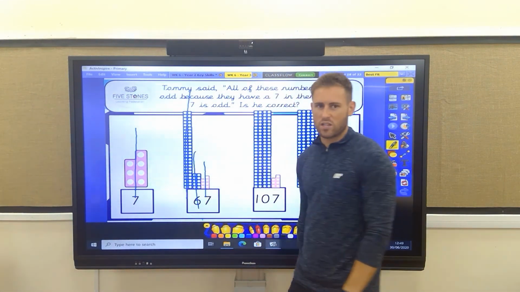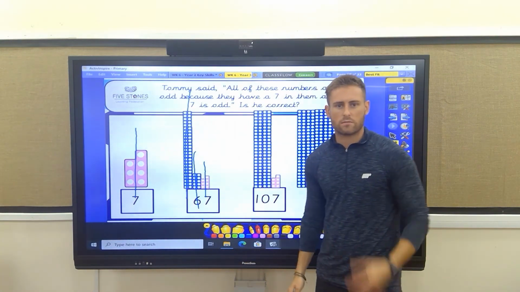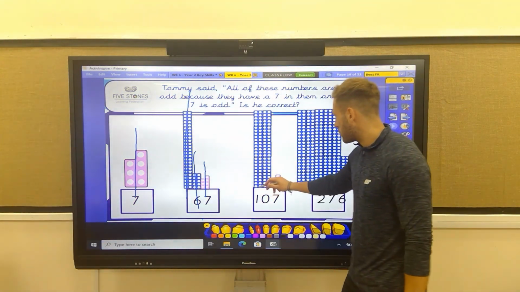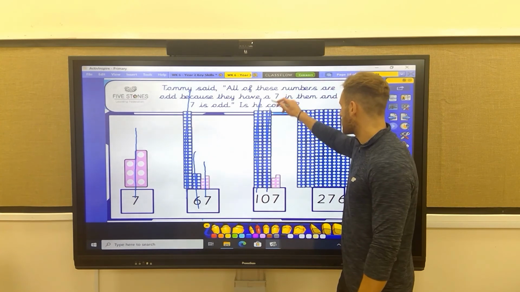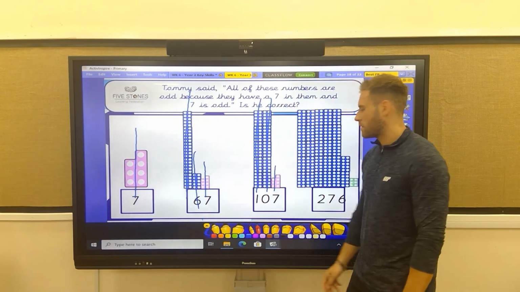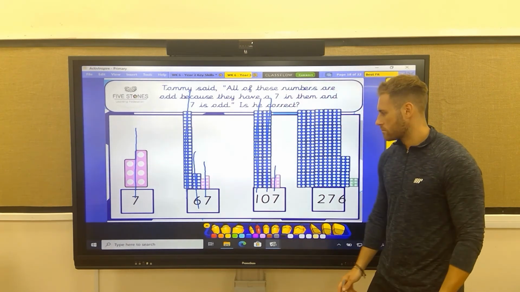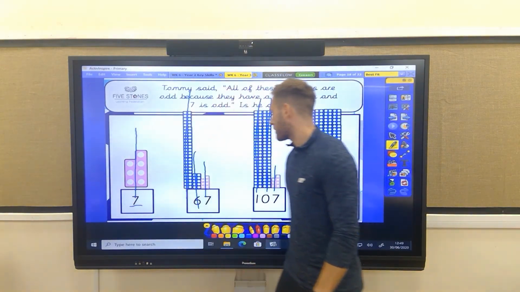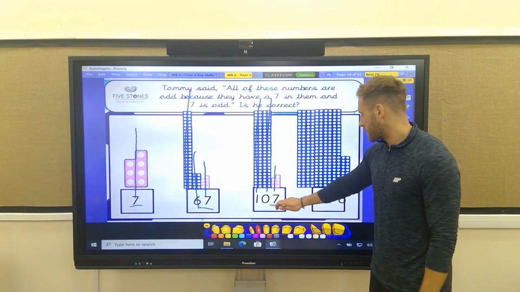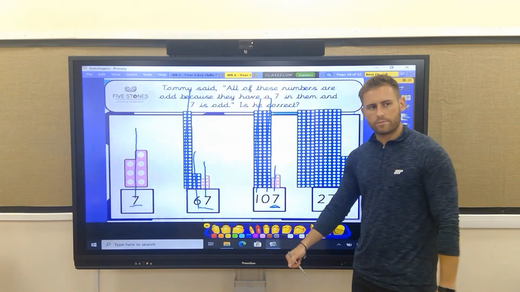The 60 can be shared fine, but the 7 can't. 107, the 100 shares fine, but the 7 does not. 7 in the 1s column, 7 in the 1s column, 7 in the 1s column.